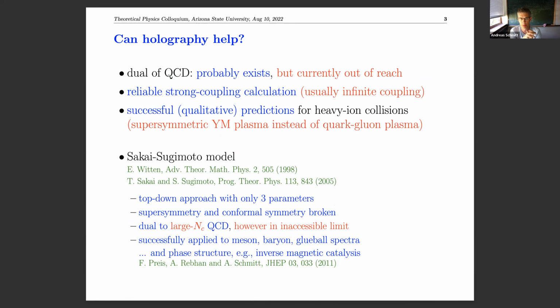What makes this powerful is that calculations in the gravity approximation on the string side translate to the strongly coupled regime in the field theory side, right? So we can do relatively simple calculations without using full string theory, rather just doing classical gravity in some high dimensional space and translate this to the strong coupling limit of a field theory. That's a very general equivalence or duality.